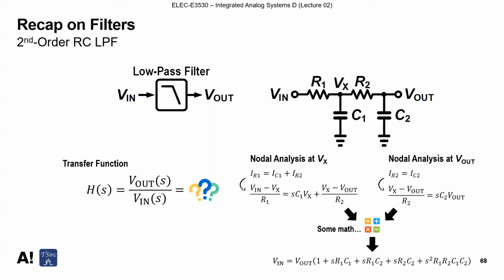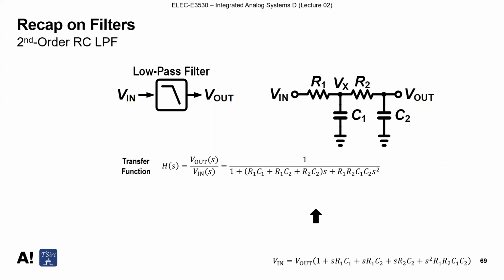1 plus something times s squared. So going back to our original transfer function, H(s) equal to Vout over Vin, it becomes 1 over 1 plus something times s squared.